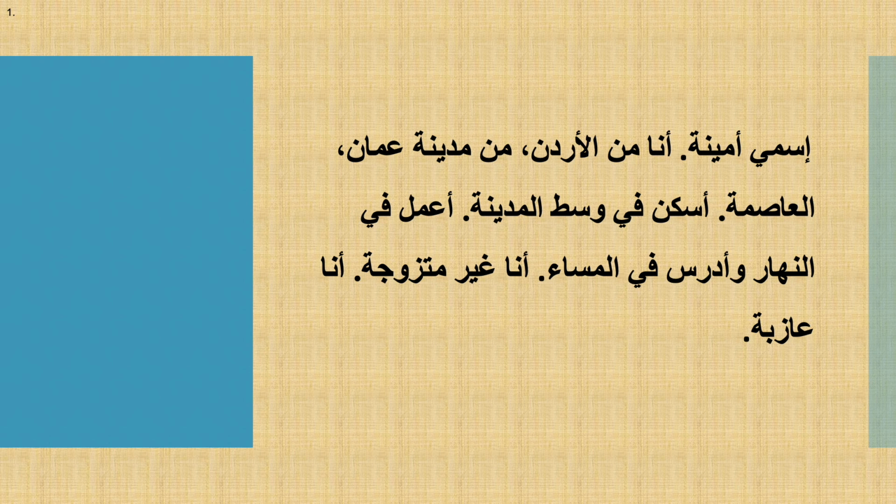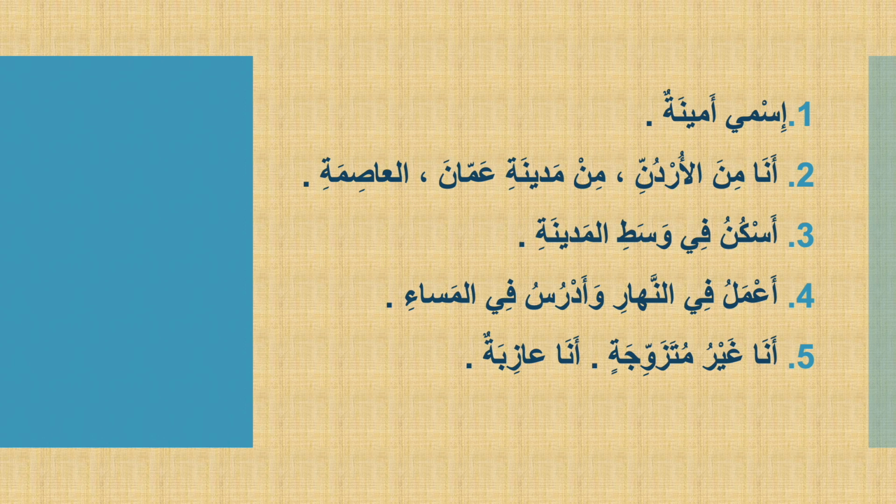Let's look at it with short vowels now. And let's see if we can find the letters Fa and Qaf here. Let's see, line 1, do we have a Fa or a Qaf? No. Line 2, no. Line 3, yes, we have a Fa here, see?